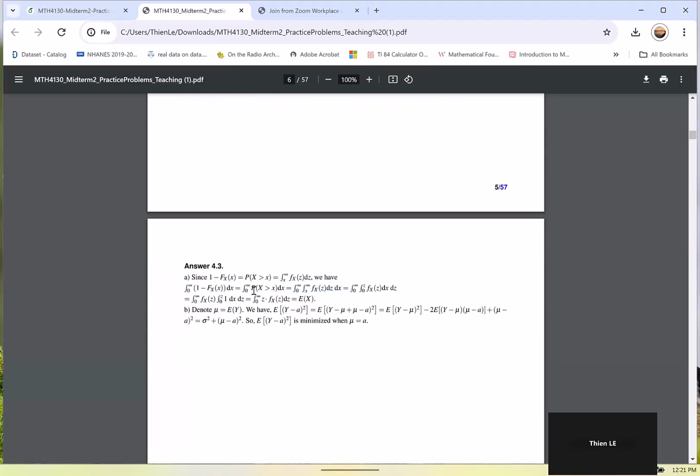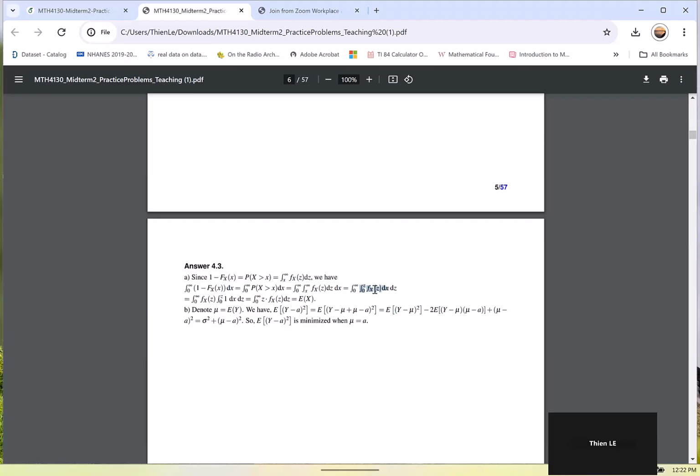Because the inside here is itself an integral, right? And now you swap the variables. So instead of looking at dz dx here, now you look at dx dz, okay? So the domain, you should be able to notice, also changes from 0 to infinity, x to infinity, to 0 to infinity, 0 to z.